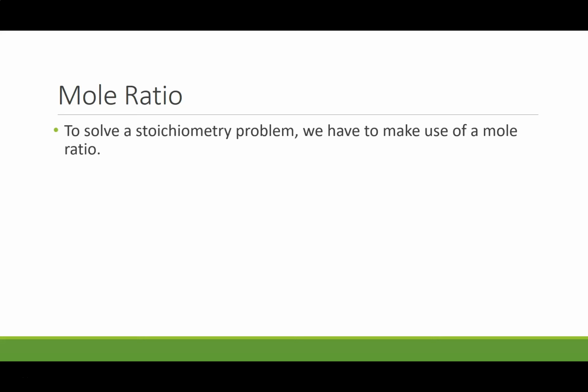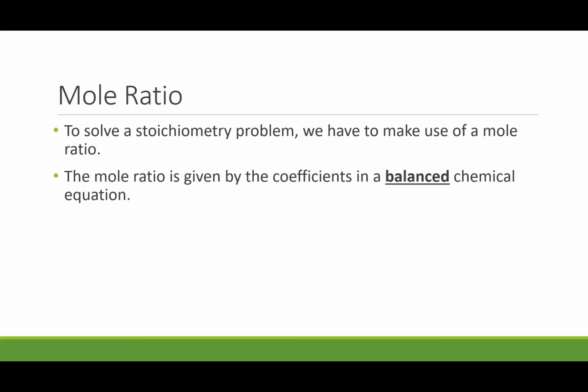To solve a stoichiometry problem, we have to make use of something called a mole ratio. The mole ratio is given by the coefficients in a balanced chemical equation. Think of the balanced chemical equation as the recipe. So for example, here we have an equation for the synthesis of water. 2H2 plus O2 yields 2H2O.